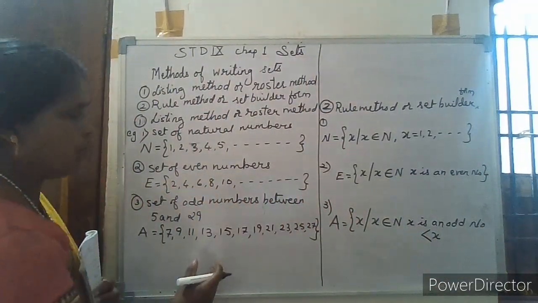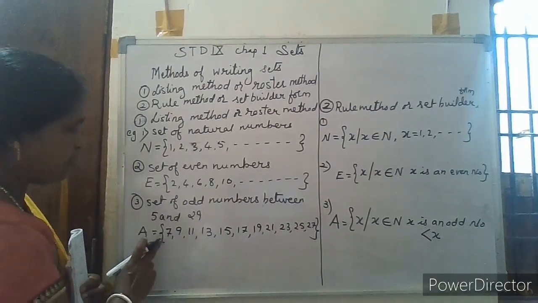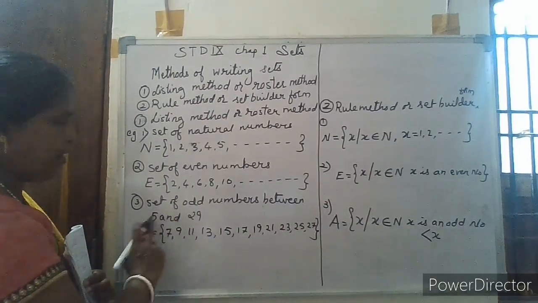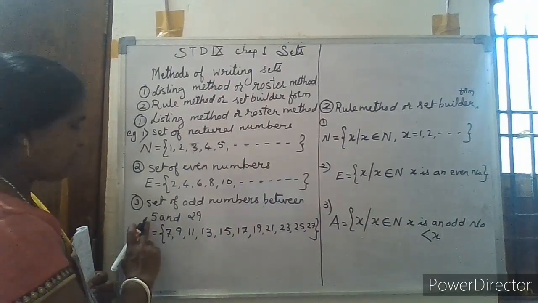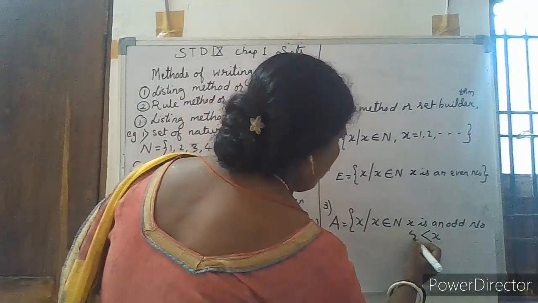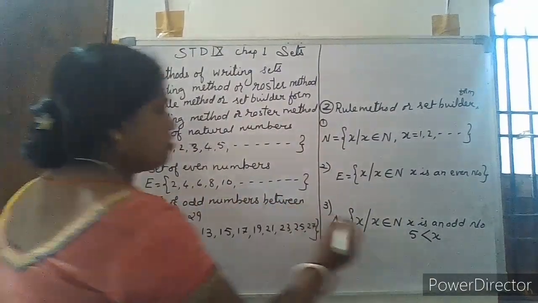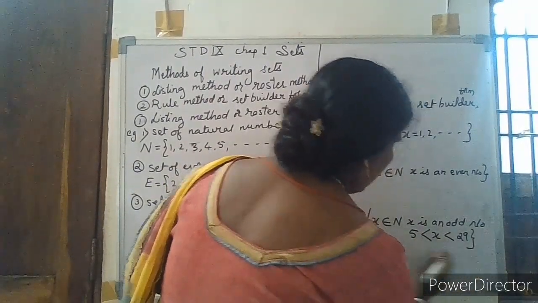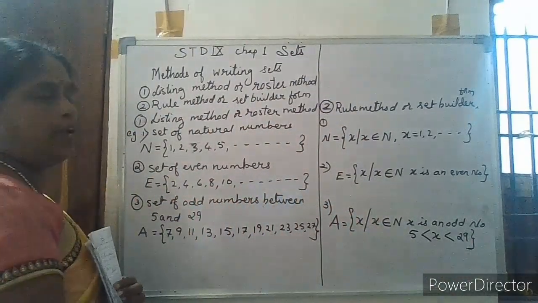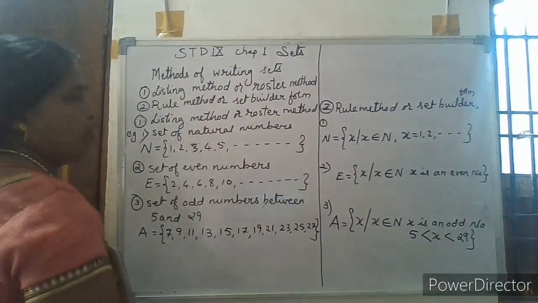So therefore we have to give it, see, X is greater than, it is between 5 and 29. So X is greater than 5 but X is less than 29. For between numbers we have to write in this way.